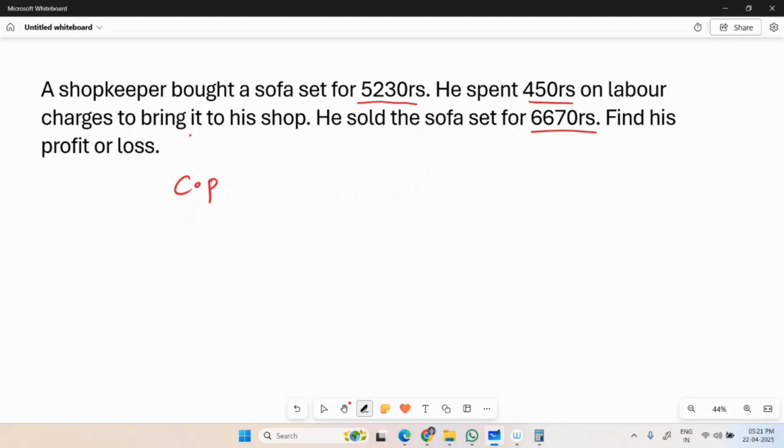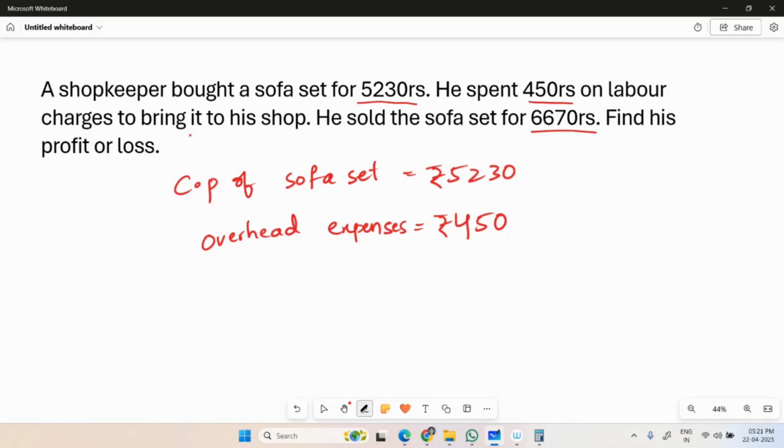So from the question, the given information is cost price of sofa set is 5230 rupees and overhead expenses 450 rupees. Total cost price now. Original cost price is 5230 and overhead expenses are 450.